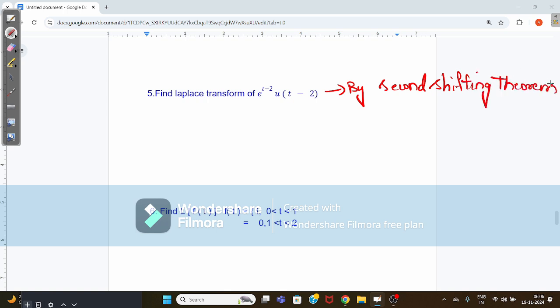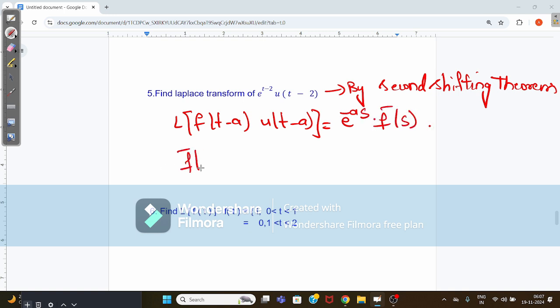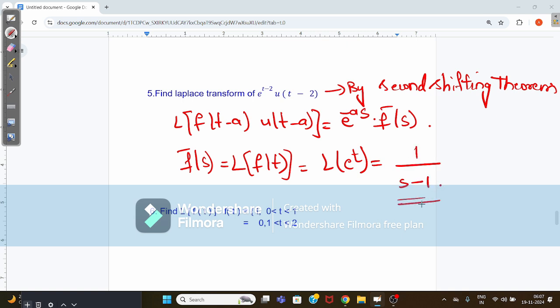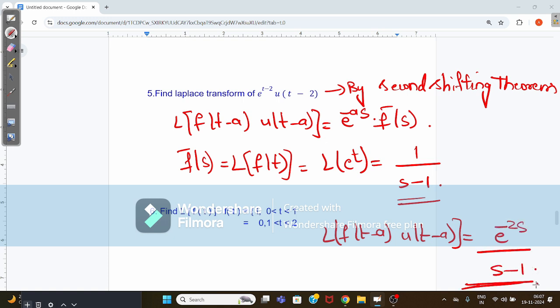We can write L of f of t minus a u of t minus a as e power minus as f bar of s, where f bar of s is L of f of t. L of e power t can be written as 1 by s minus 1 here. So L of f of t minus a u of t minus a can be written as e power minus 2s by s minus a, which is the required answer we have.